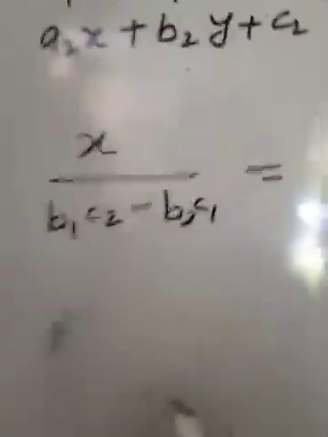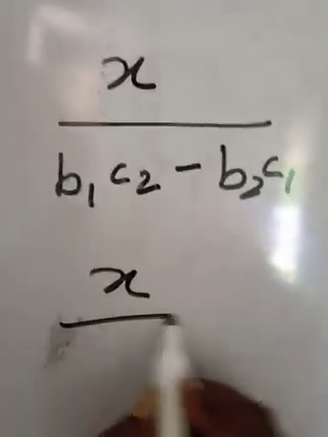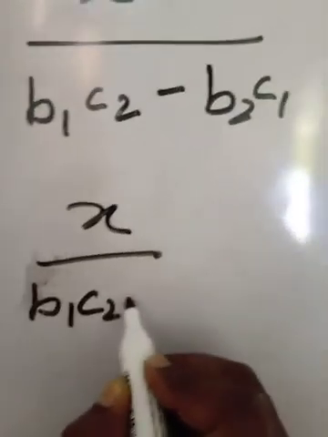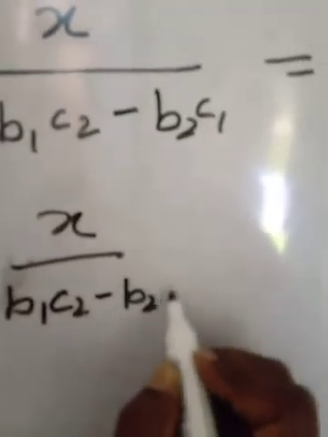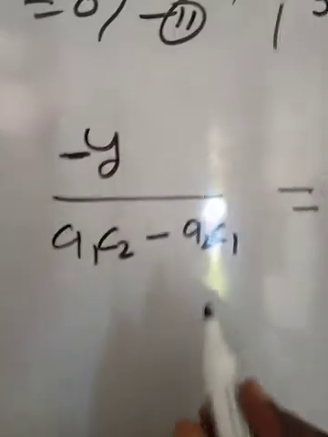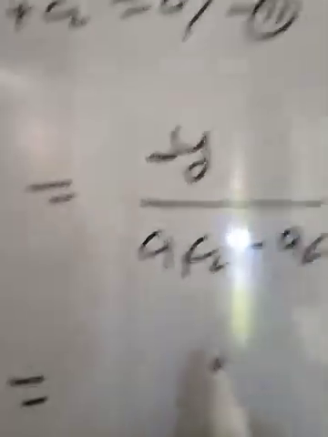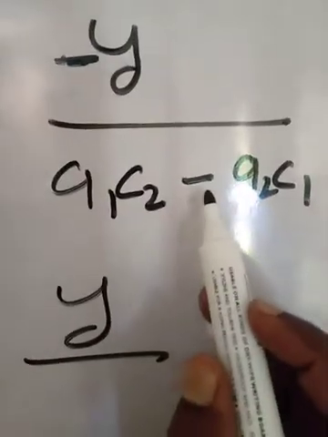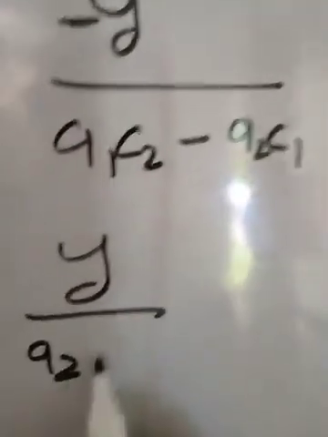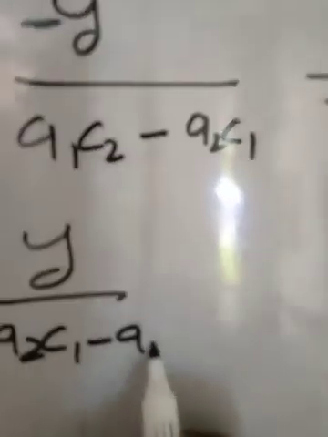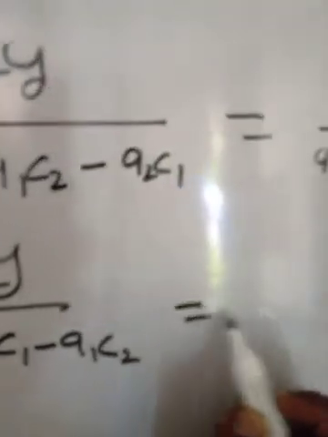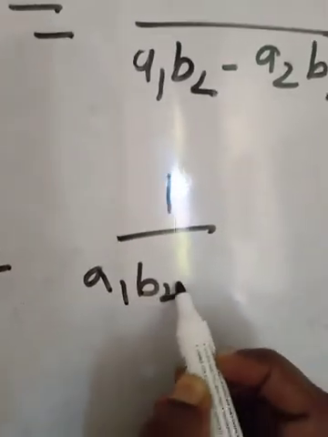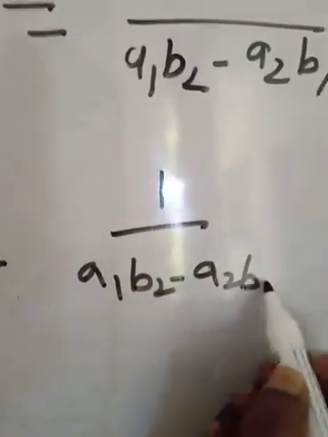Now you can write x by b1 c2 minus b2 c1 is equal to, look here, there is a minus sign, so you should write y by a2 c1 minus a1 c2, and this is equal to 1 by a1 b2 minus a2 b1.